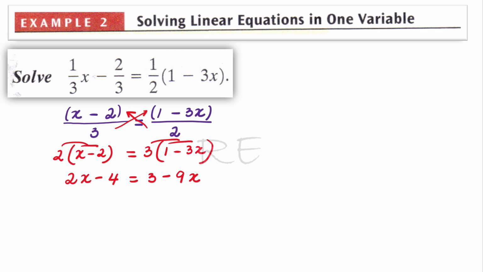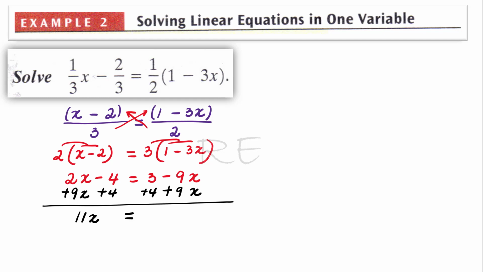Now we can add 9x to both sides, and then 4 to both sides to combine the constants. 2 plus 9, 11, 11x. 4 minus 4, 0. 3 plus 4, 7. And negative 9x plus 9x, 0. Divide by 11, we get x equal to 7 over 11.